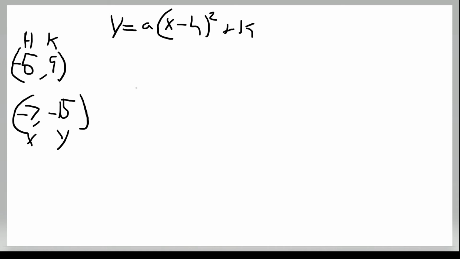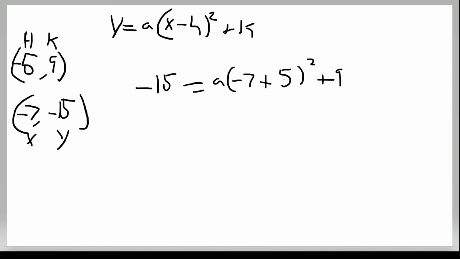So Y is going to be negative 15 equals A, X, which is going to be negative 7. Oh yeah, we don't have the A value yet, so we're just going to leave A as A. So negative 7 minus H, but since it's a negative, it would be plus 5, squared, then plus 9.